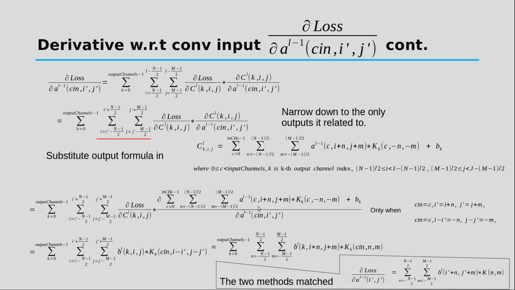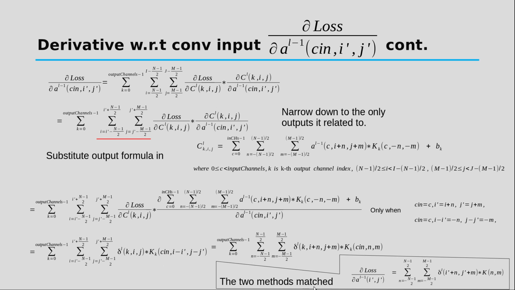And here under these two matches, this k comes down. The condition of the match is this one: I prime equals I plus n. So after sign transformation, you will reach this formula at the end.